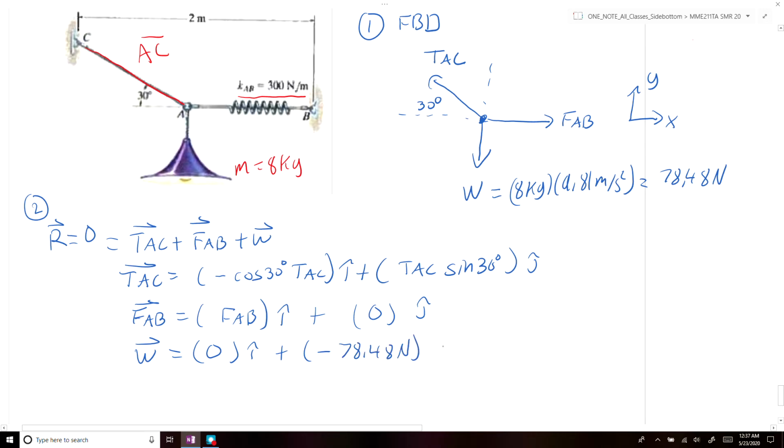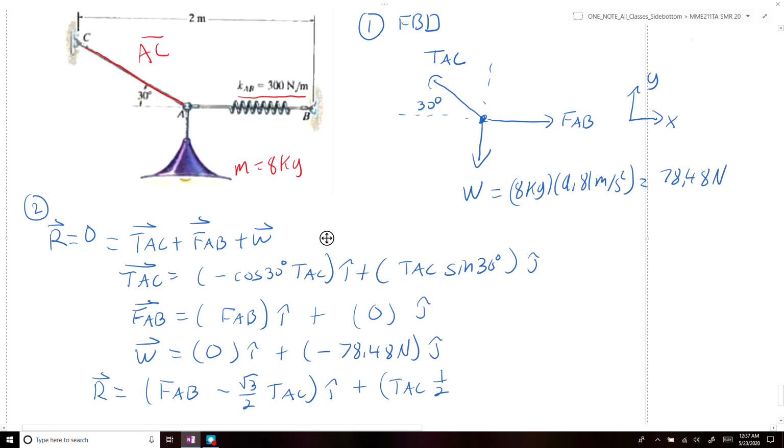All right. So with that information, if we sum and find our resultant force, what we end up getting is the x component of our force is FAB minus cosine of 30 degrees, which is radical 3 over 2, times TAC, times the unit vector i, plus TAC times sine of 30 degrees, which is 1/2, minus 78.48 newtons, times j.